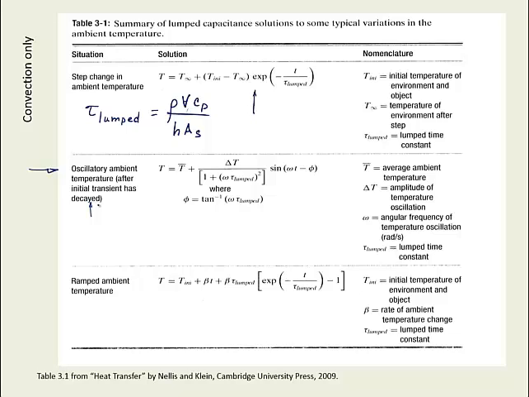So if we look at this next slide for just a minute, we're imagining again we have some object, and this is pretty common if you're doing temperature measurements. You might think of the thermocouple as this small object, and it is in a free stream temperature that is oscillating.